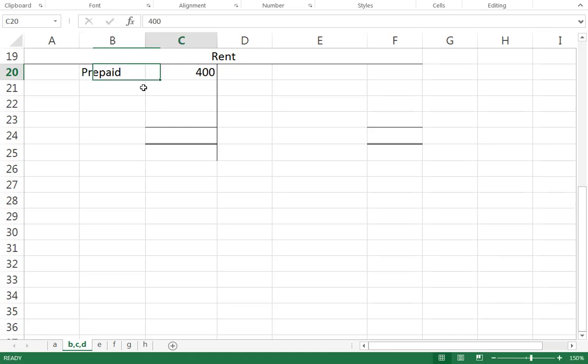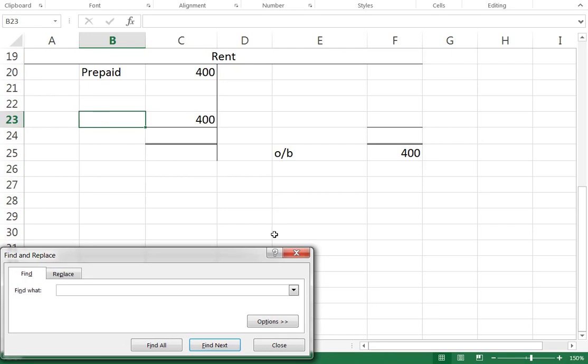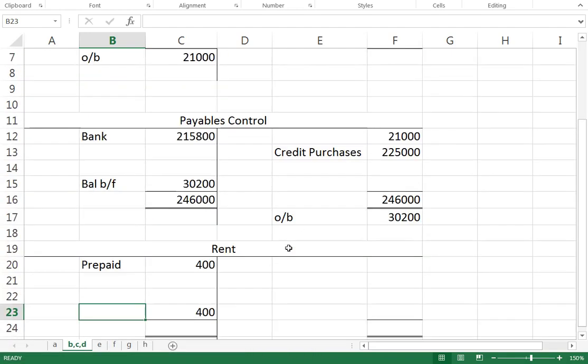Ultimately, it would have been bank, but I'm just going to say it was prepaid, or it was an opening balance of 400, but it says you're going to have a credit closing balance. Okay, so I'm going to put my credit closing balance over here. Okay, so again, that's going to be the opening balance in the following year, or the following month, whichever. So I'm just going to go up and find that.